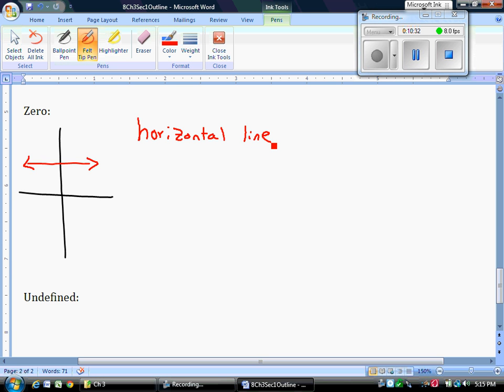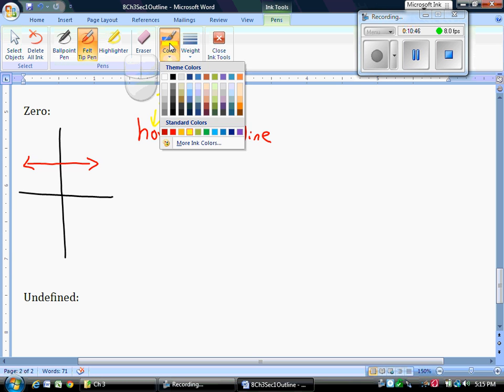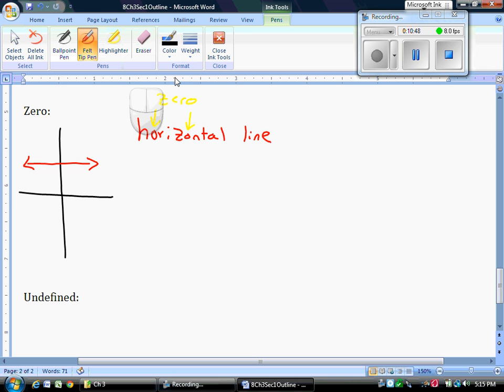One way that people have remembered it is horizontal has two O's in it, like zeros. The O's kind of represent zeros, so we have a 0 slope. So equations will look like y equals 2 or y equals -3. There will not be an x term when I have a horizontal slope because my slope is 0.